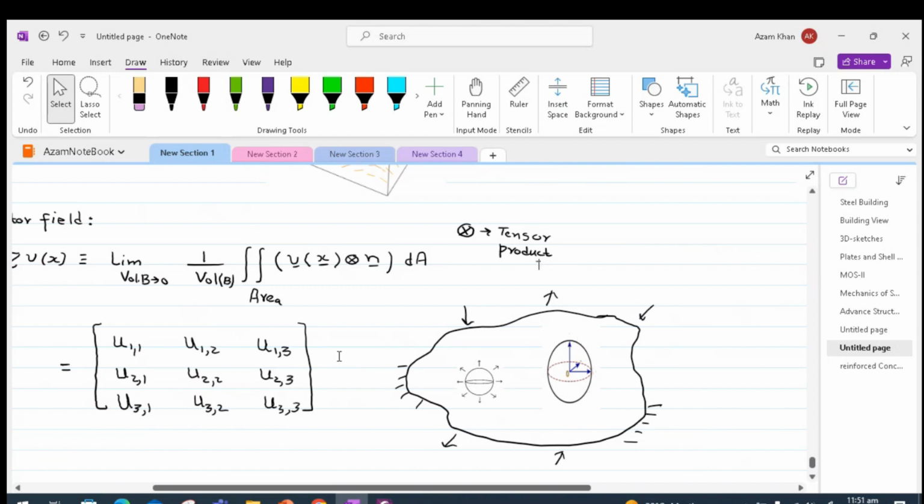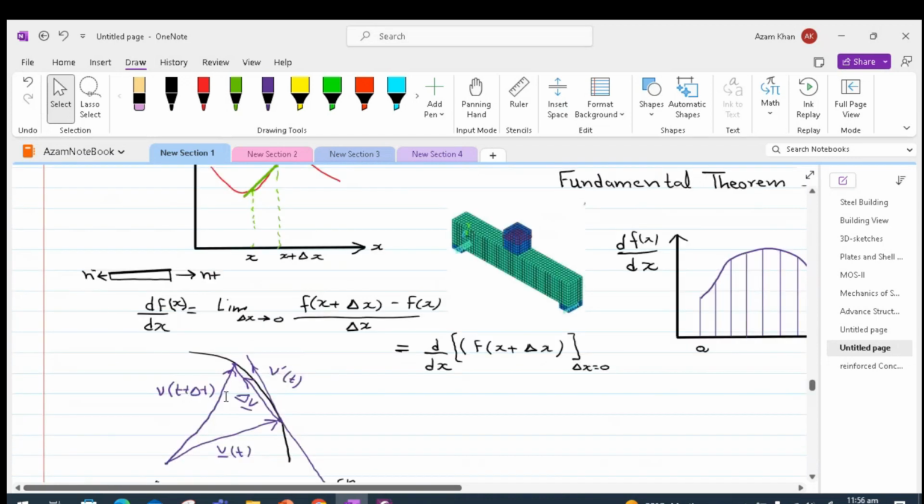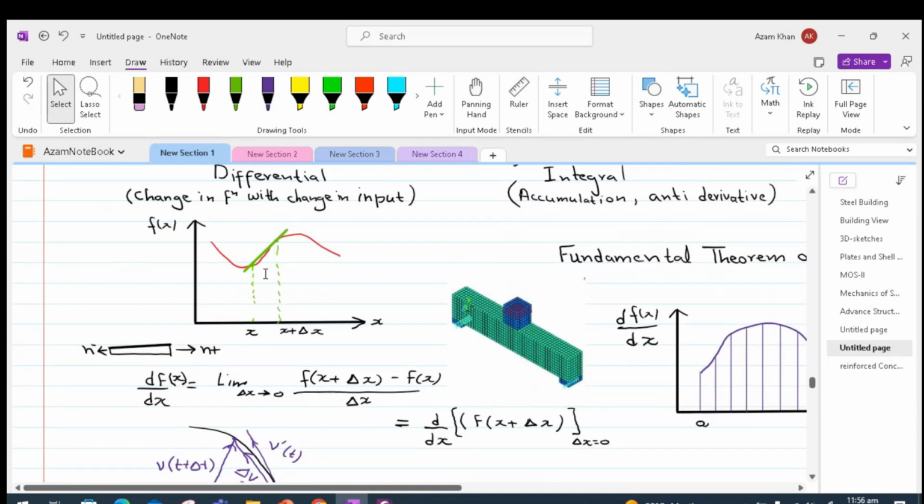So please notice the analogy between the single variable calculus, multivariable calculus, and then the whole tensor calculus. In the case of gradient of a single variable calculus, we move from value x to value x plus delta x and try to find out what the change in function would be.